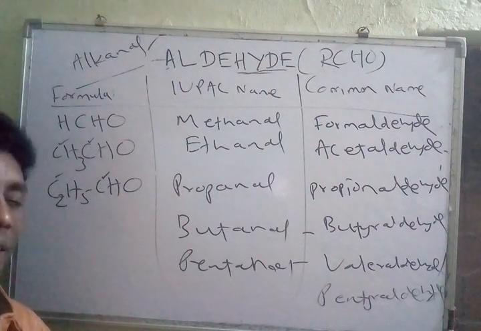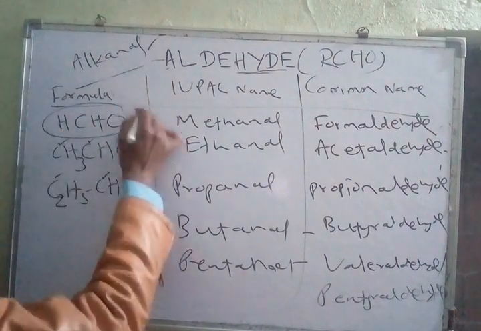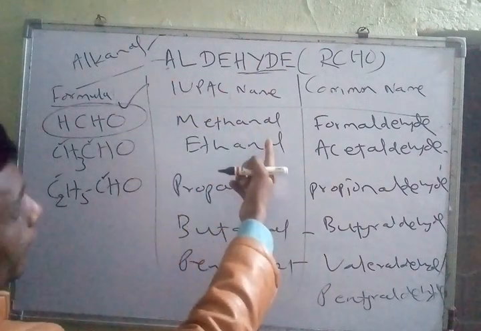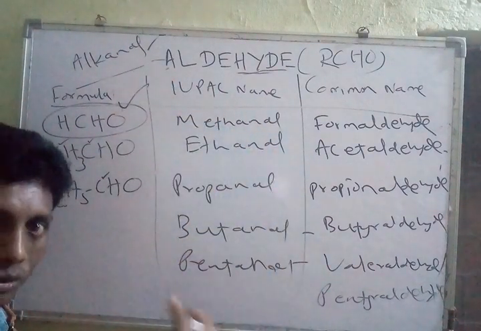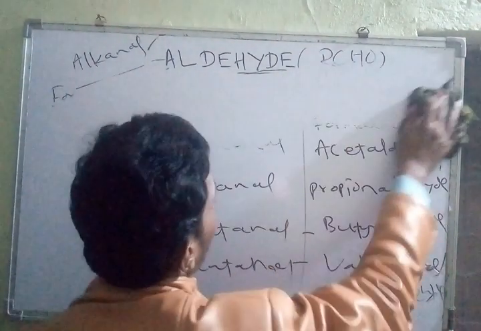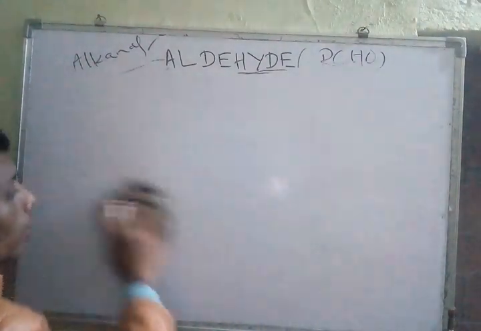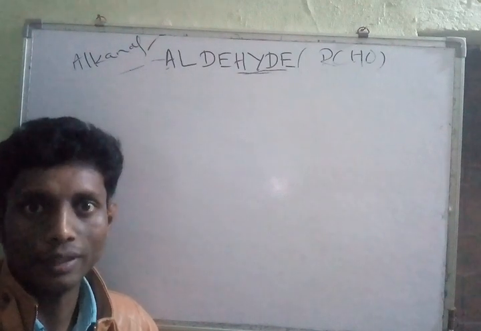Here the basic thing is that you'll have to keep in mind. Another thing: if you are given the formula, from the formula we write the IUPAC name, the common name, and also the structure. But when you are given the common name or IUPAC name and told to write the formula and structure, what will you do in that case?